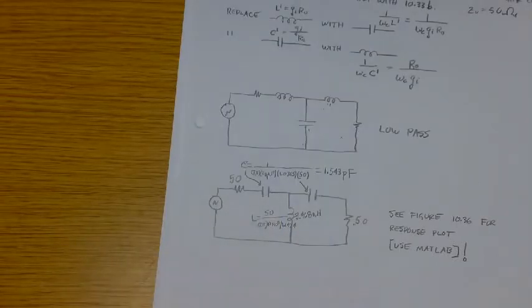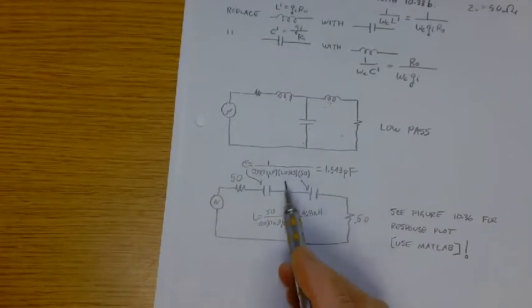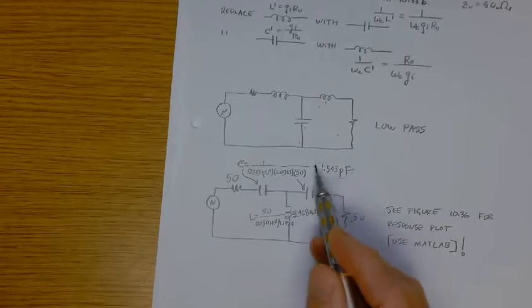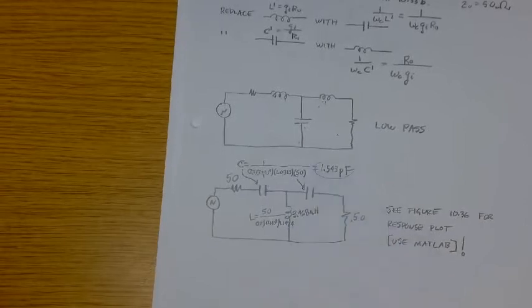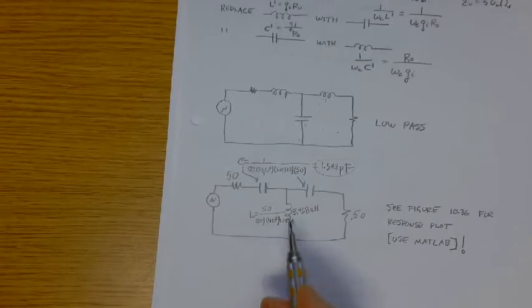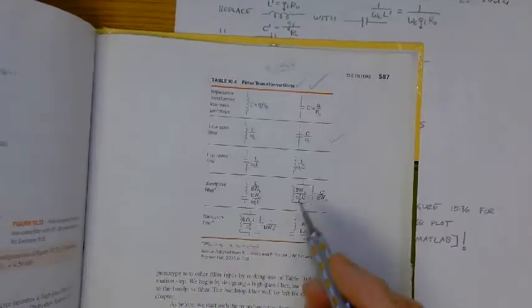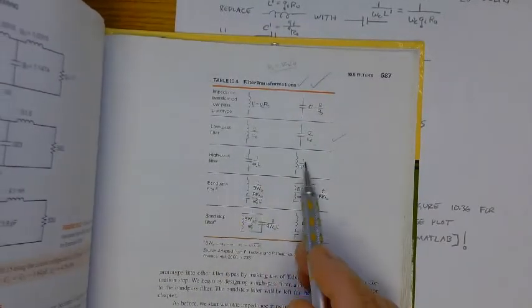When I do the L value, what's my L value going to be for the high pass filter? It's going to be 1 over omega C prime, but C prime is G sub I R over R naught, or G sub I over 50. And so the G sub I goes in the denominator, and that flips it over.